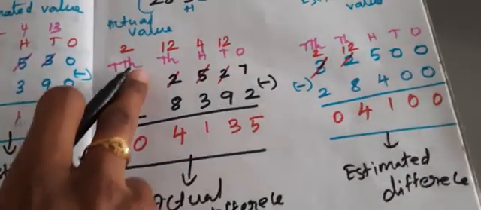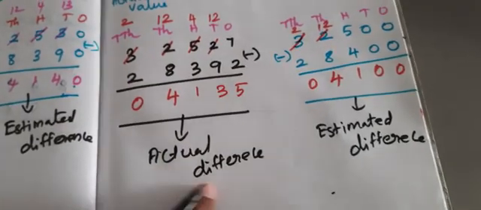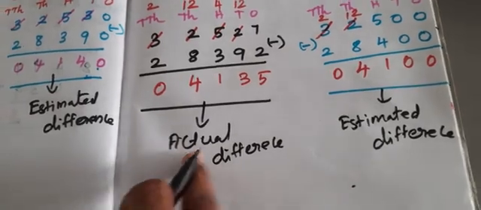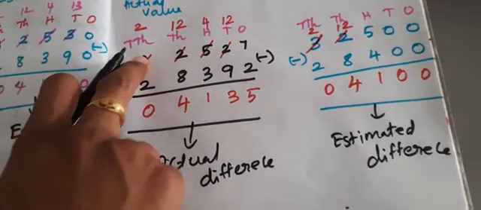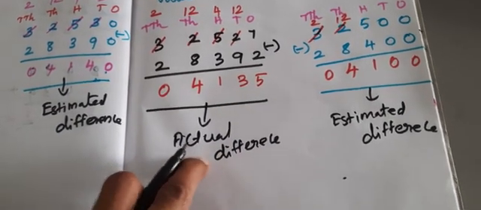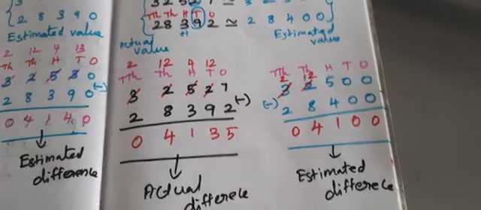See here we used the actual value, so it is called the actual difference. Okay, now you are clear about what is actual value and what is estimated value. So why we call this actual difference and estimated difference? Okay. Now do you have any doubts in this?